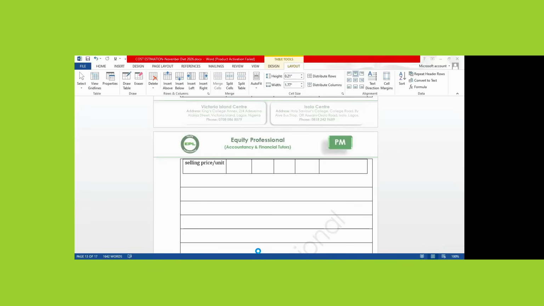We discussed this last week. We said cost estimation is the measurement of historical cost with a view to predicting likely future costs.